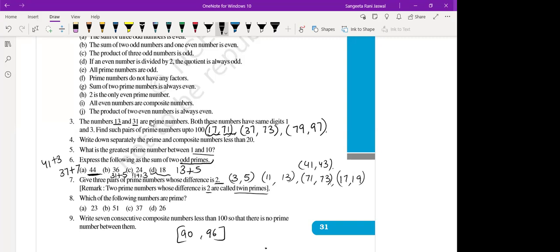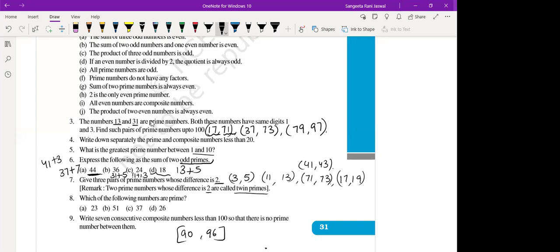If you have to make 24, can you find any more combinations of 24? Neha? Yes, ma'am. Express 24 as the sum of odd primes. 11 and 13 is already written here. Yes, ma'am.